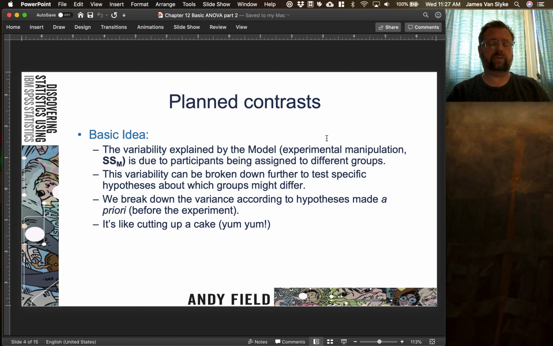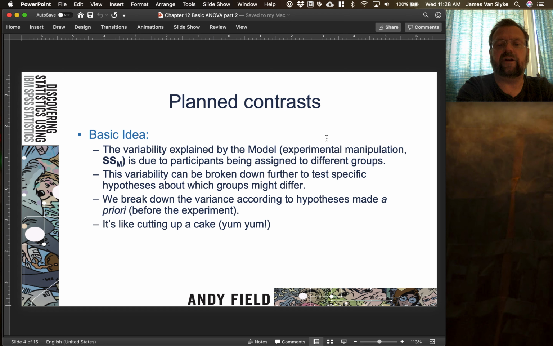The first type of follow-up test we can use is called a planned contrast. What this does is the variability that's explained by the model, the sum of squares model, is due to the participants being assigned to different groups. This variability can then be broken down further to test specific hypotheses about which groups might differ.